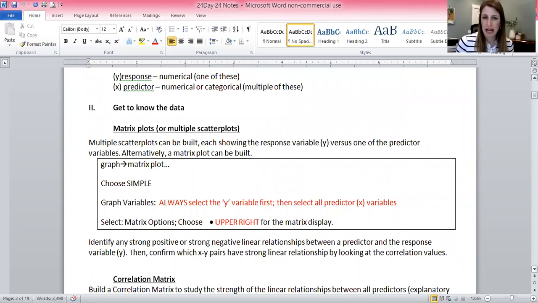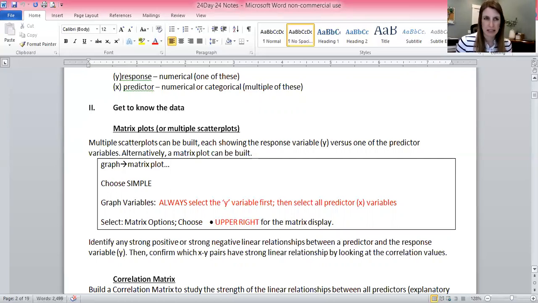A matrix plot is just a whole bunch of scatter plots together, and we're going to pull up an example and take a look. It's going to be the scatter plot of y versus each x, and then each x versus all the other x's. And it really gives you a good idea about what's going on.